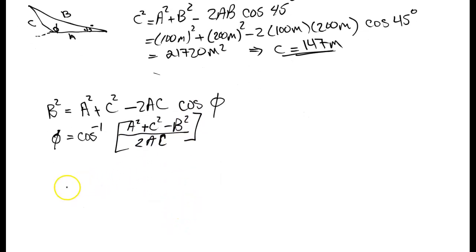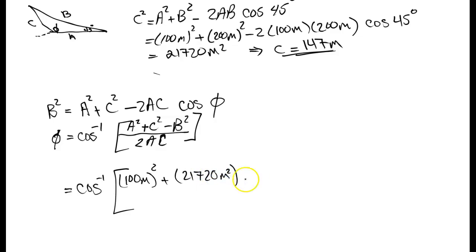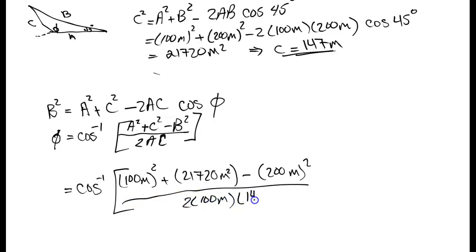And plugging in these values, I get cosine inverse of 100 meters squared plus, keep in mind that c squared was 21,720 meters squared, minus 200 meters quantity squared, all over 2 times a, which is 100 meters, c, which is 147 meters.